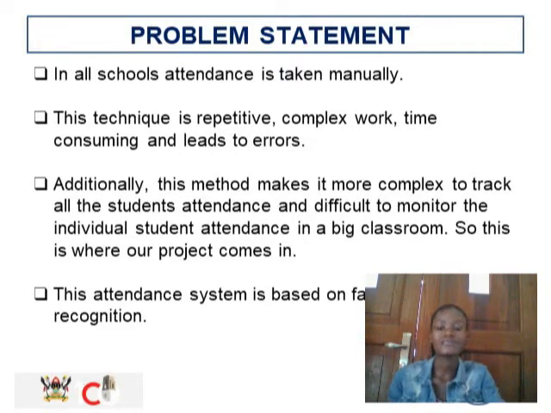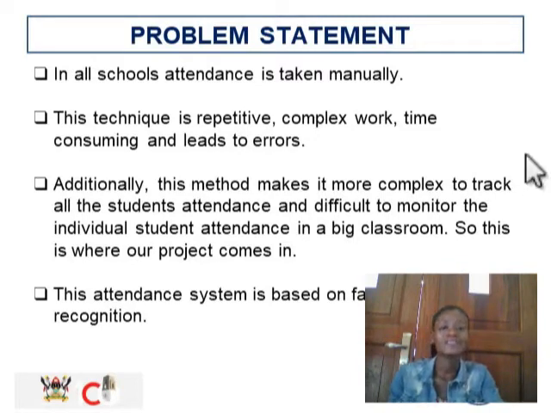You all know that this problem, roll calling students, monitoring and taking students' attendance manually, is very hectic. A student has to register his or her name, then the teacher has to call him or her by name, then notes down something of the sort.